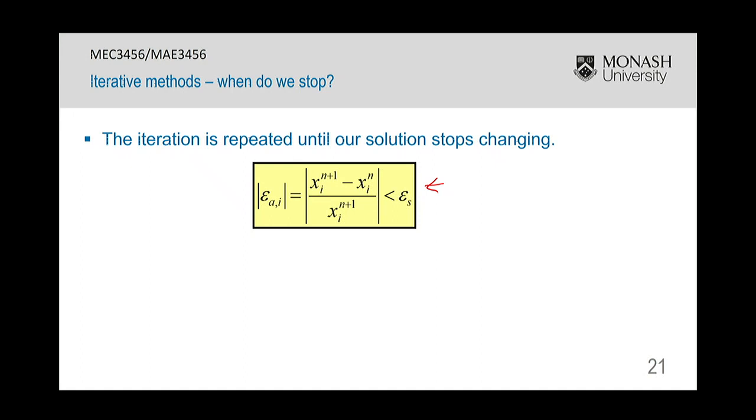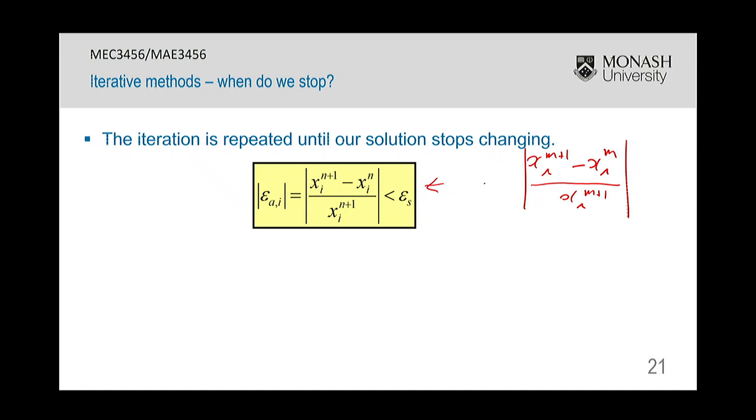Basically defining an error at unknown i, its iteration, I actually called it n here, but I mean m, xi at m plus 1 minus xi at m, that's the difference between two iterations at point i, divided by the magnitude of the value at point i. And of course, because we don't really care whether it's positive or negative, we need to have an absolute value.